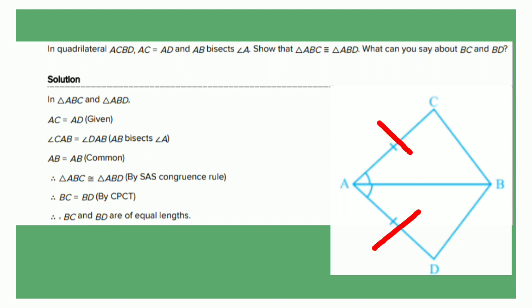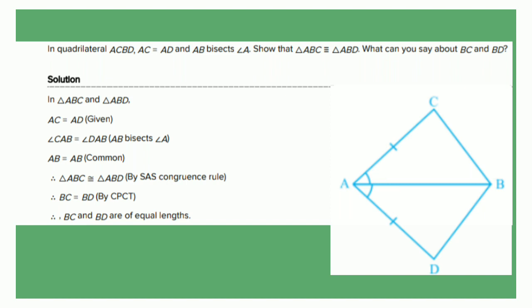Here it is given that AC equal to AD, and also the question is given that AB bisects angle A. That means the diagonal AB bisects the angle A, so angle CAB is equal to angle BAD. So we can write angle CAB equal to angle DAB, in the bracket AB bisects angle A.